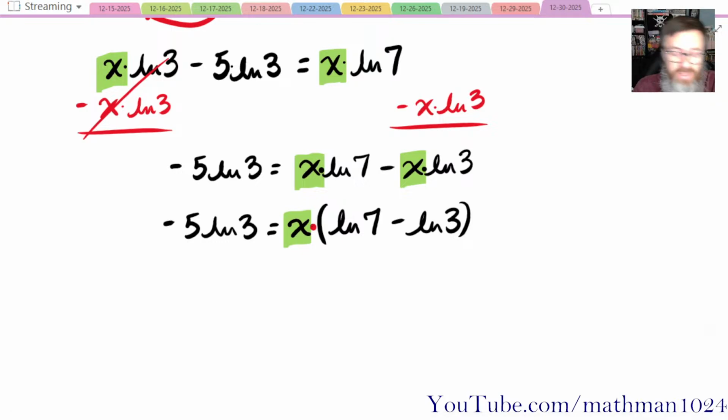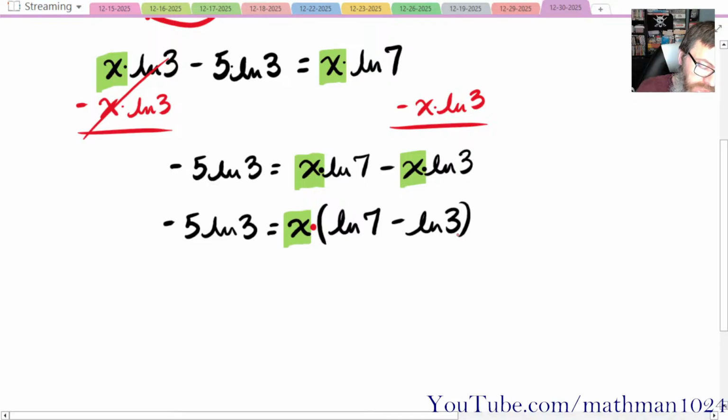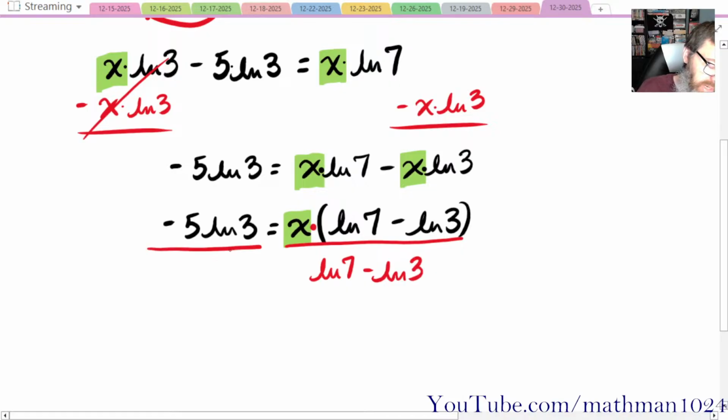So how do we get x by itself? We undo multiplication with division. So I'm going to divide both sides by, I don't know why I said times, a natural log of 7 minus natural log of 3.